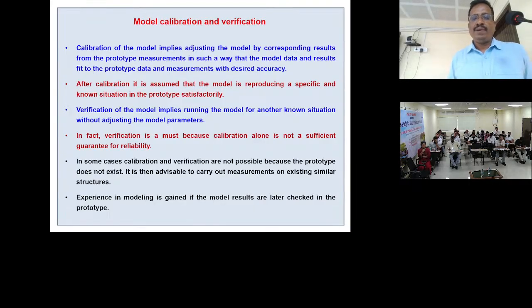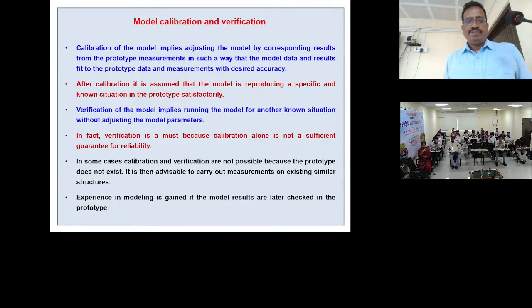Verification of the model implies running the model for another known situation without adjusting the model parameters. In fact, verification is a must because calibration alone is not a sufficient guarantee for reliability. So calibration and verification is very important in modeling of rivers.